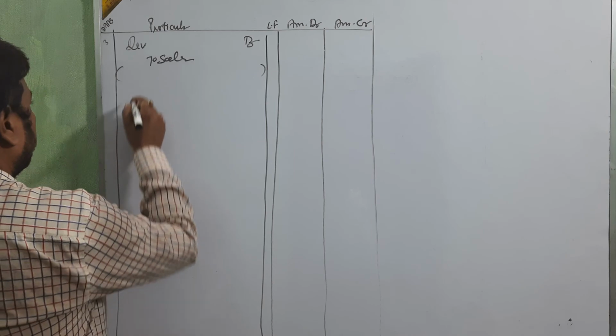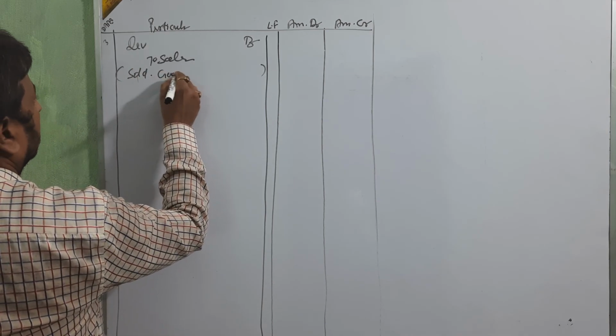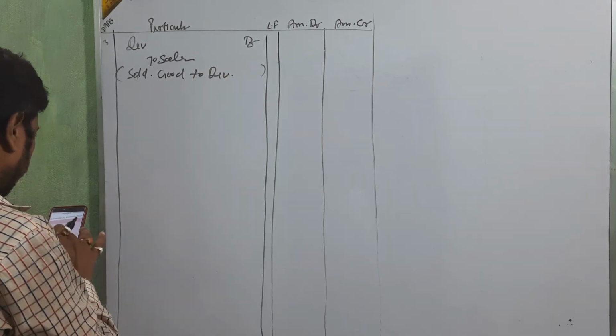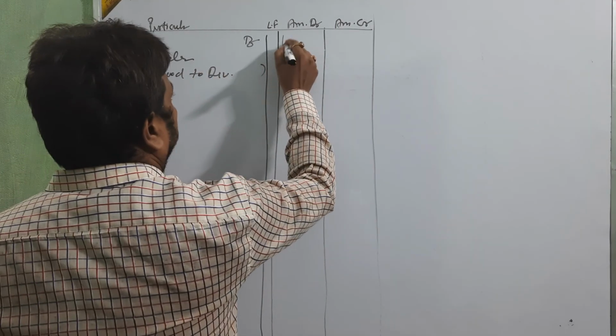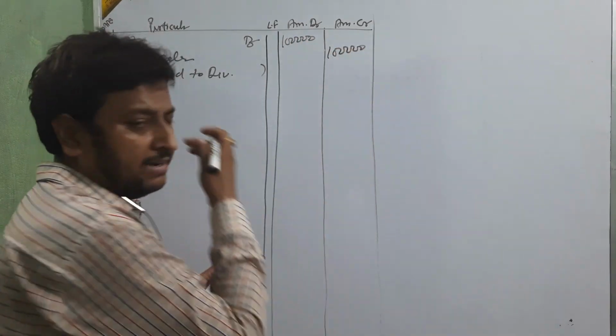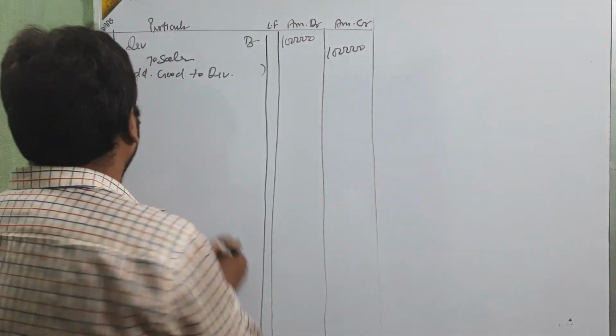Sold goods to Dev, and the amount is 1 lakh. Okay, clear? How to debit and how to credit is clear or not? Clear beta? Now go for the next.